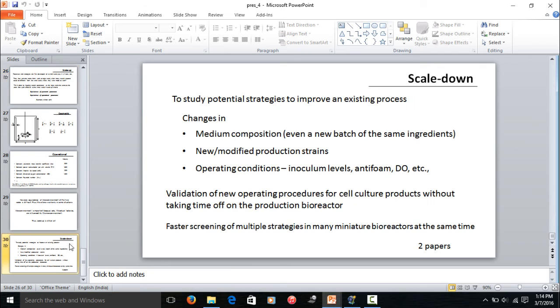And the scale down is important because it gives us a means by which potential strategies to improve the existing process, such as changes in medium composition, new or modified production strains used, or different operating conditions, can be tested. And the validation of new operating procedures for cell culture products can be tested without taking time off the production bioreactor and without too much cost. So that is the advantage of scale up, scale down.